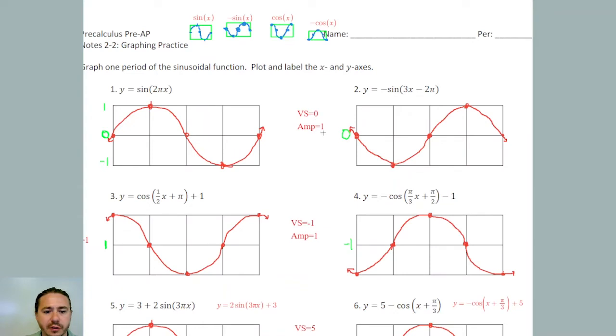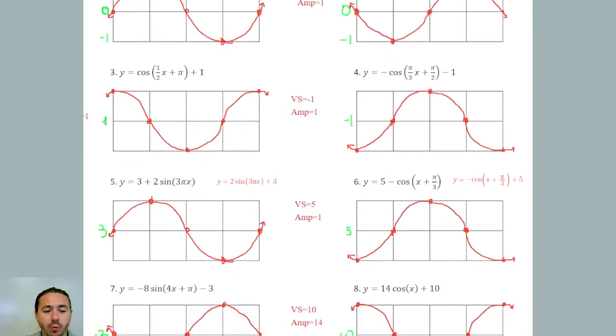Over here, 0 plus or minus 1, same thing, 1, negative 1. For number 3, 1 plus or minus 1 would be, 1 plus 1 is 2, but 1 minus 1 is 0. So you can see that the x-axis is going to be down here rather than at equilibrium, like the previous problems. Number 4, amplitude is 1, so negative 1 plus 1 is 0. Negative 1 minus 1 is negative 2.